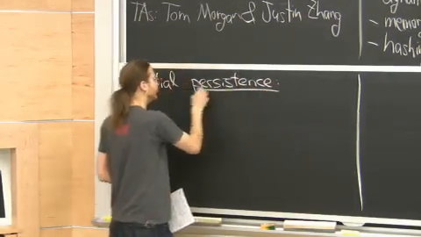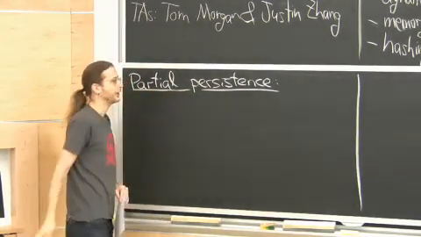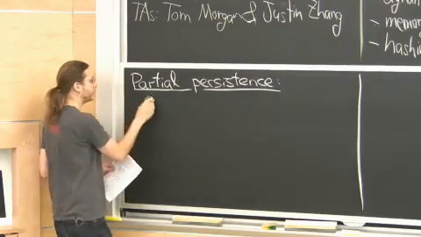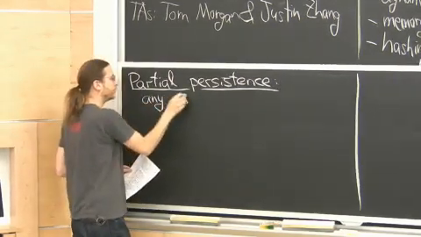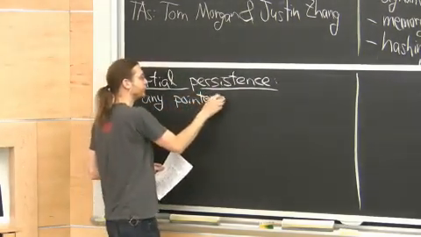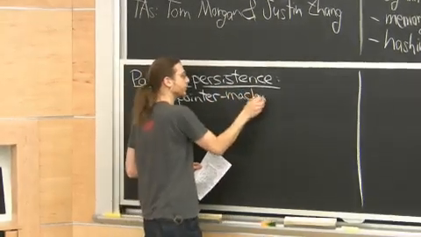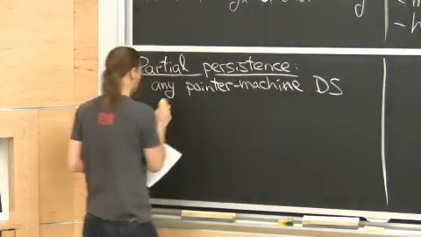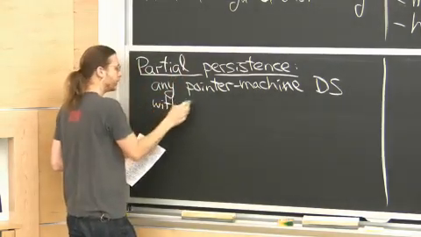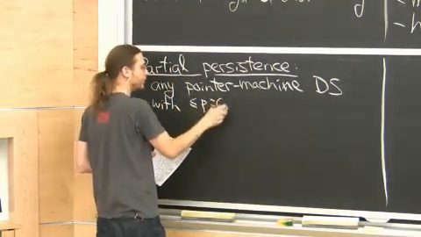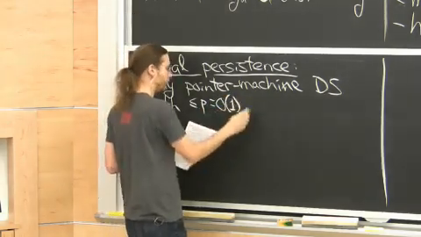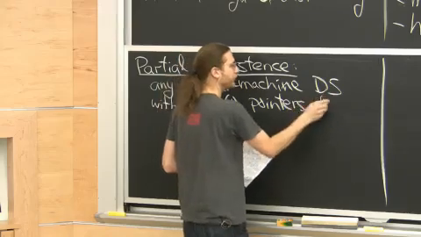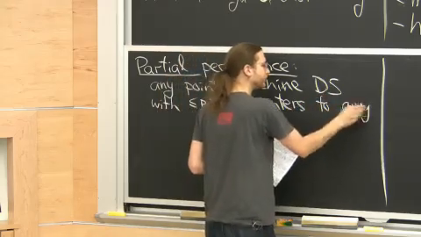This is the easiest. But for both partial and full persistence, there is the following result. Any pointer machine data structure with one catch, a constant number of pointers to any node. So this is constant in degree.